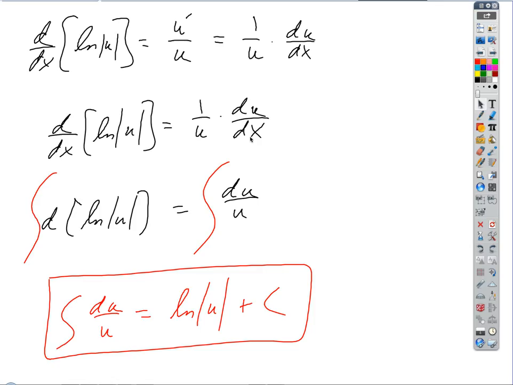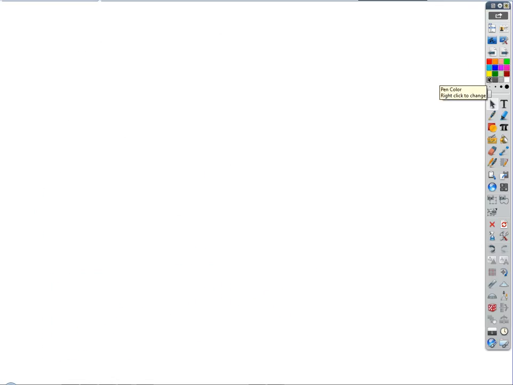And we can do that stuff. Let's just remind ourselves of something. Let's say I start off with y equals x squared plus sine x. Let's take the derivative in differential form. What do we get?